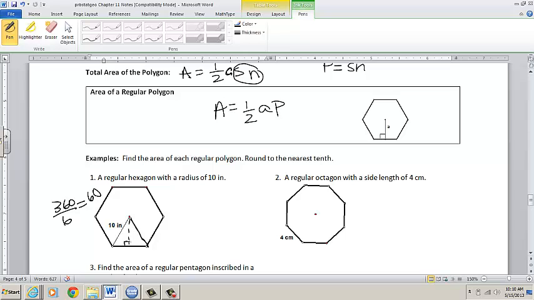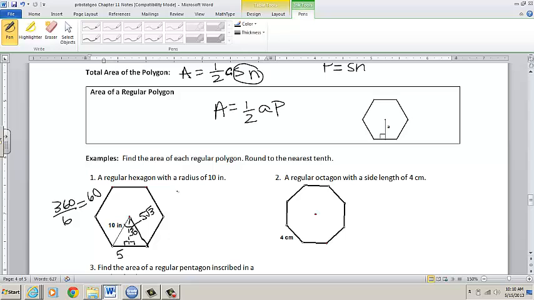The apothem drawn down divides that central angle into 2 congruent angles, so each would be 30, which means we have a 30, 60, 90 triangle. To go from hypotenuse to short leg, we cut it in half. To go from short leg to long leg, which happens to be the apothem, we multiply by √3.